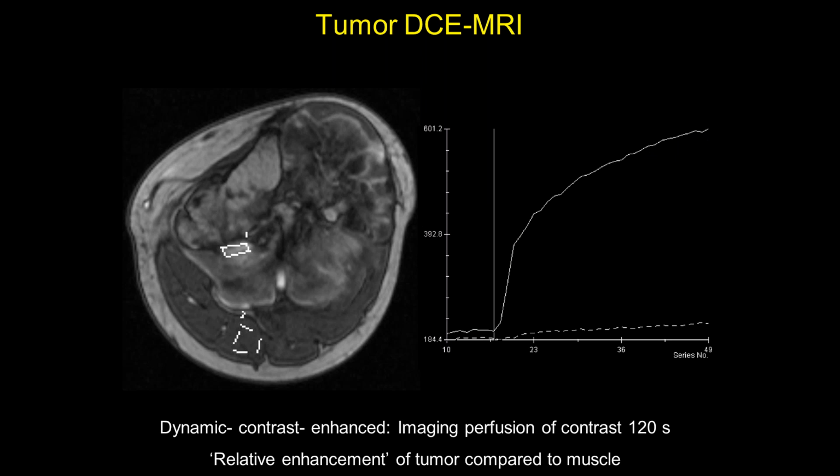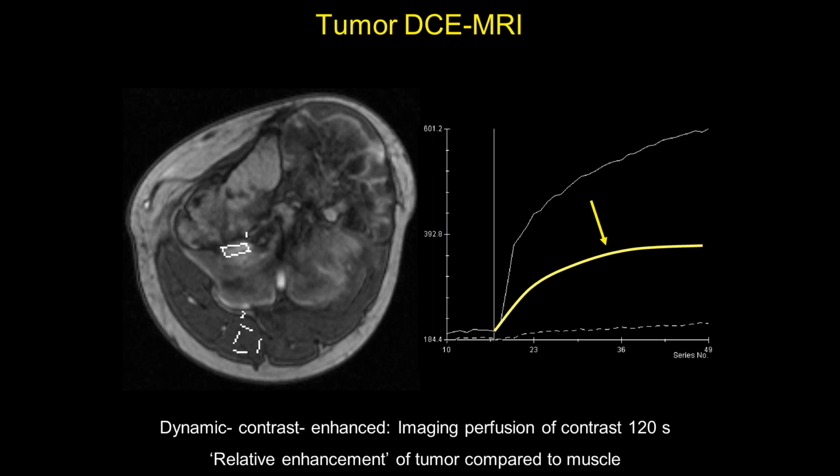Now, if we would repeat this, let's say after 3 cycles of chemotherapy, then what we hope to see, if we do exactly the same type of imaging, is this altered shape of the curve of the most enhancing part of the tumor, where the first pass of contrast is not as intense, is not as fast.